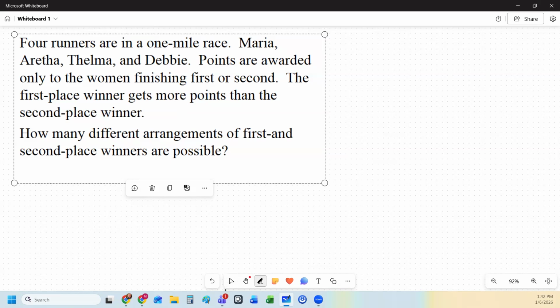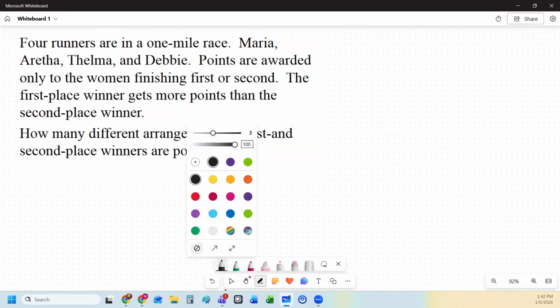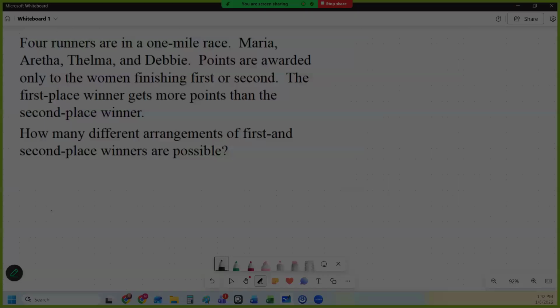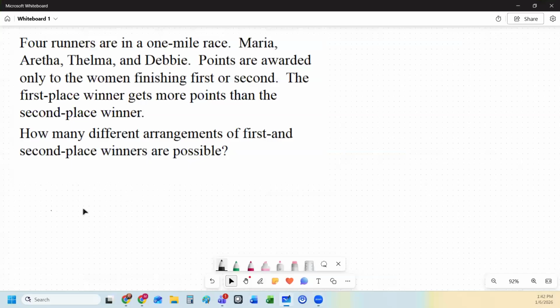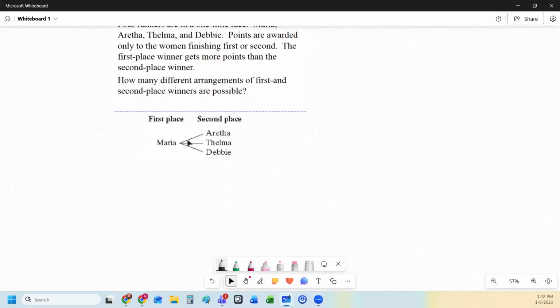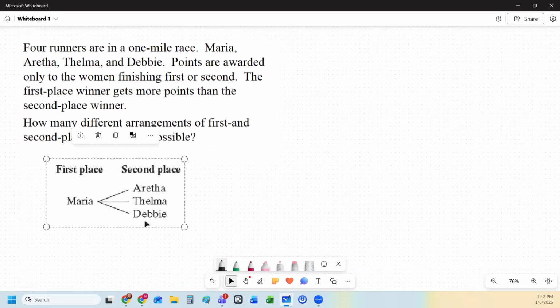So here it's nice to create a diagram, right? I can write these names out, and I'm going to just copy and paste this. So if I have Maria in first place, there are 3 options for second place.